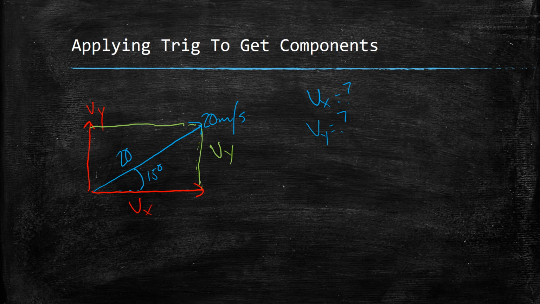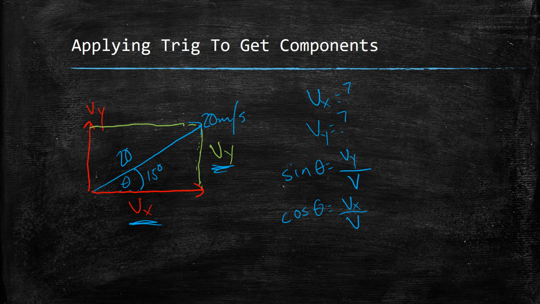So how do we figure this out? Well, sine of our angle is equal to opposite, which is going to be Vy. Our angle is this right here. Opposite is going to be Vy right over here, over the hypotenuse, which is going to be the velocity of the object, which is 20 meters per second. Cosine of our angle is going to be the adjacent side, so that's going to be our Vx, over the hypotenuse, which is the velocity of the object.